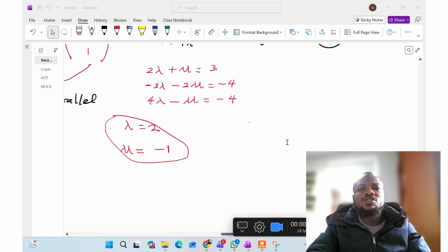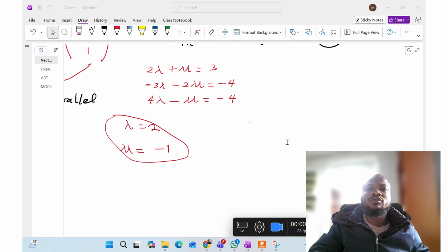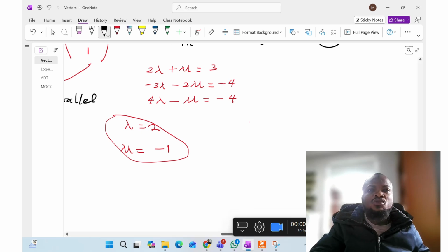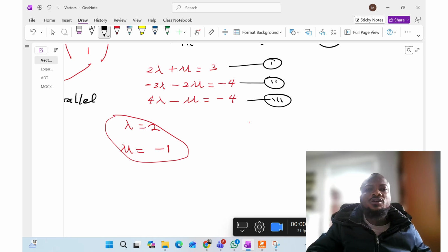So you substitute these values into equation 3 to know if it has any point of intersection or it is skew. So the third equation is 4 lambda minus mu is equal to minus 4, isn't it?